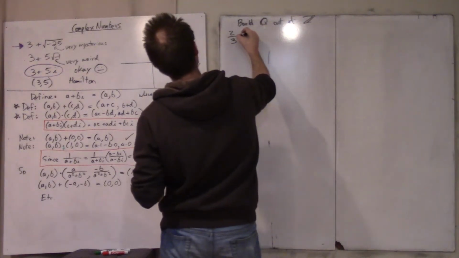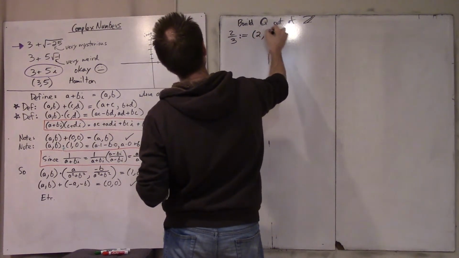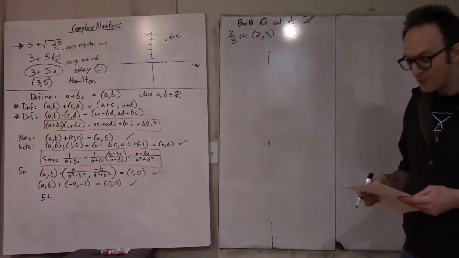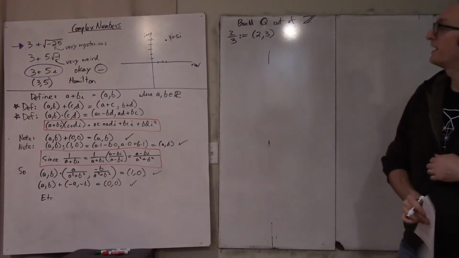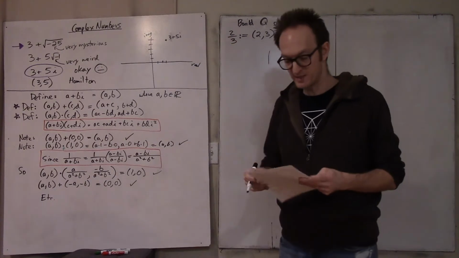Let's just define 2/3 to be an ordered pair of integers. Aha! Represent any fraction as just an ordered pair consisting of the numerator and the denominator. This is brilliant.